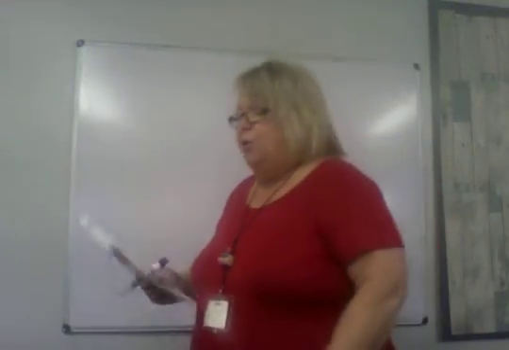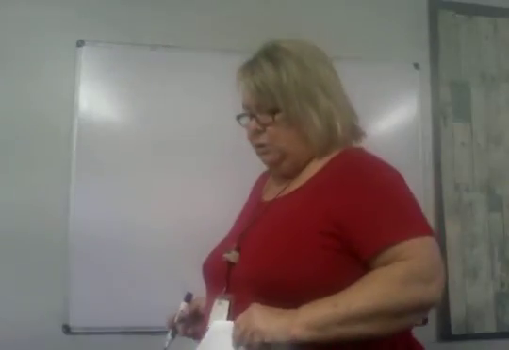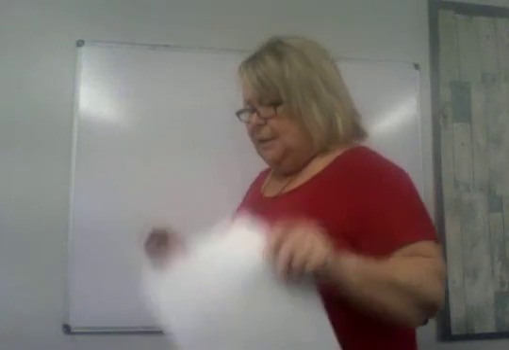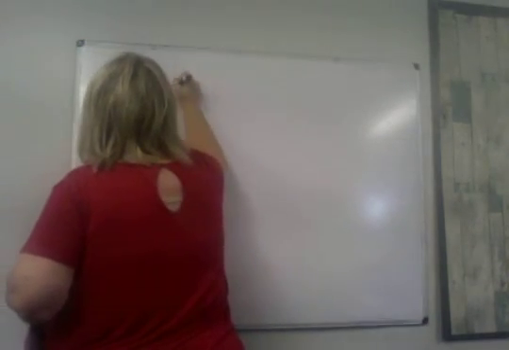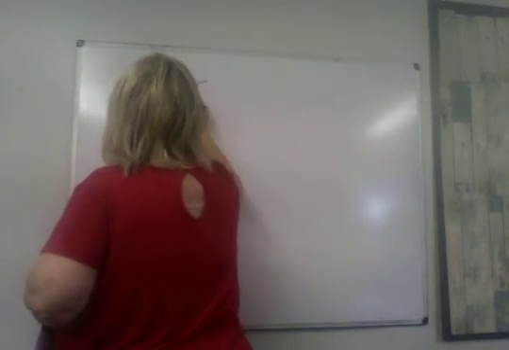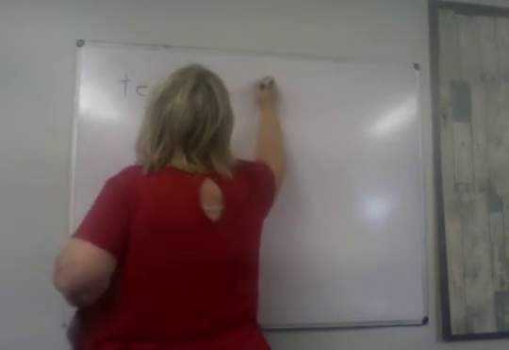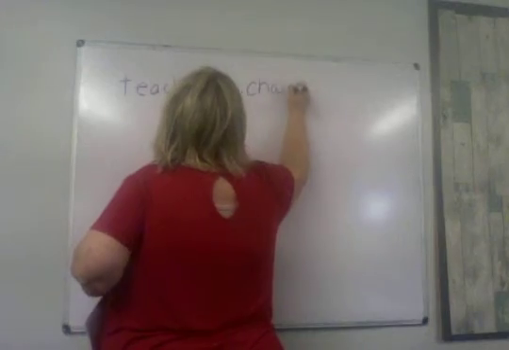So when you look at the top of page 19, we're going to rewrite each of these phrases using a singular possessive noun. Number 1 says, the chair belonging to the teacher. So whose chair is it? It's the teacher's chair. So you're going to write teacher, just one teacher, apostrophe S, teacher's chair.